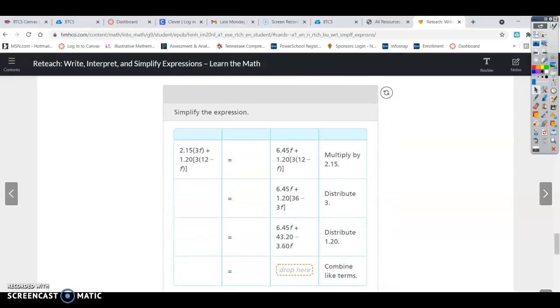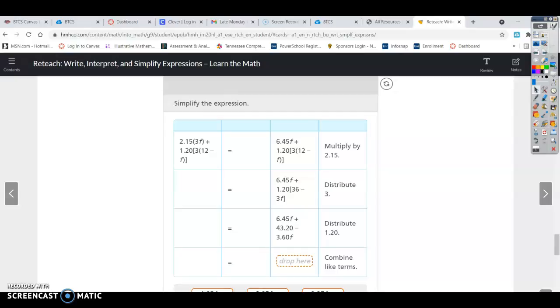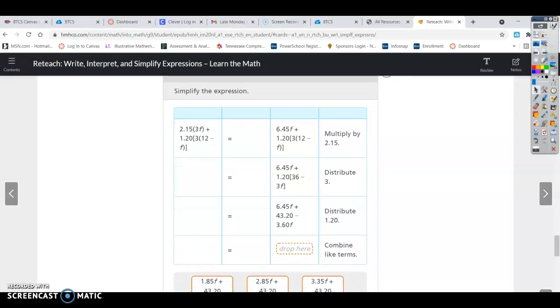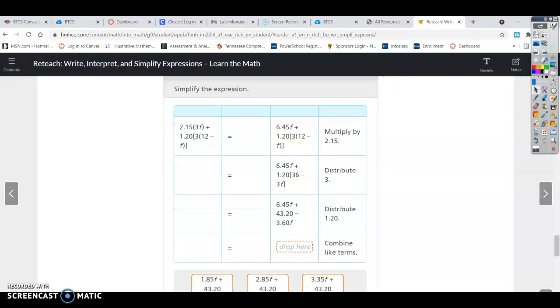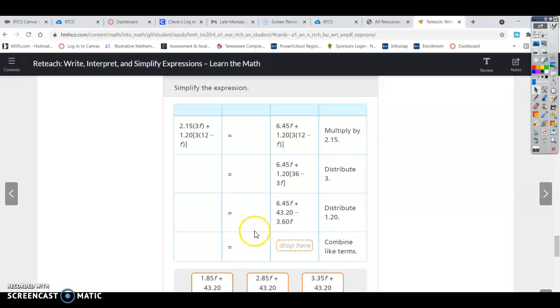All right, so simplify the expression. Simplify means we're going to use the distributive property and combine like terms. We're just rewriting it in a shorter equivalent expression.